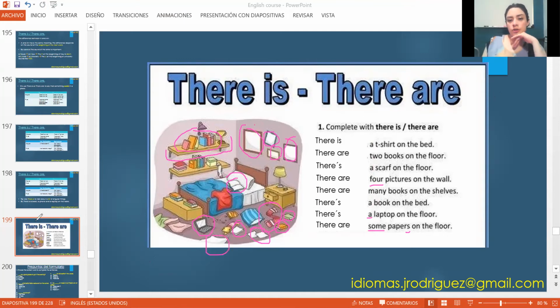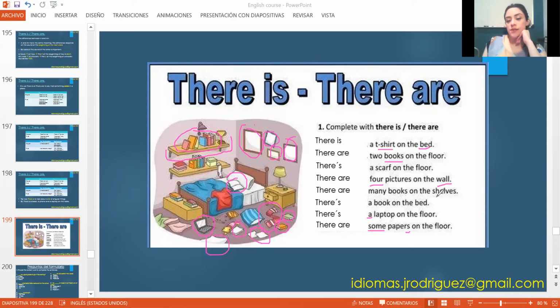So, new vocabulary. Bed, cama, t-shirt, playera, books, libros, floor, piso, pictures on the wall, pictures, and wall, pared o muro.